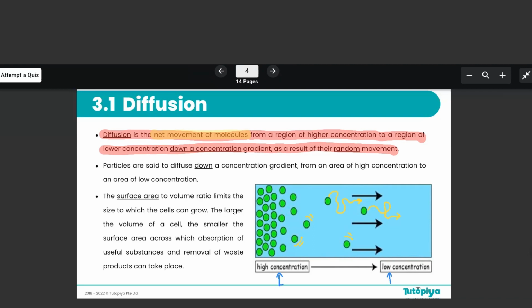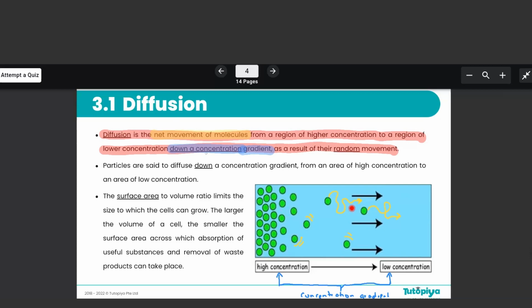So the difference in the concentrations is what we refer to as the concentration gradient. And since it's moving from the higher concentration to the lower concentration, we call this moving down a gradient, right? So it moves down the concentration gradient as a result of their random movement, right?